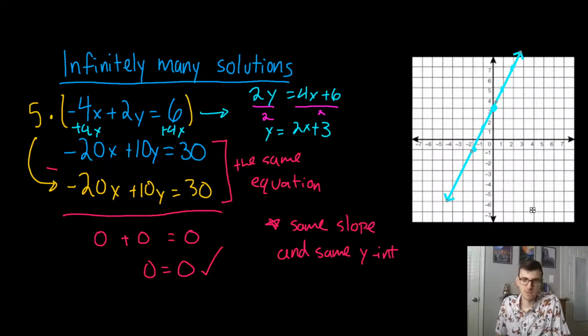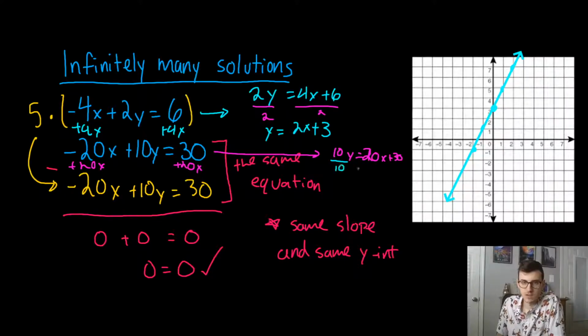Now, what would happen if I solved for y in the other equation? Add 20x to both sides: 10y equals 20x plus 30.